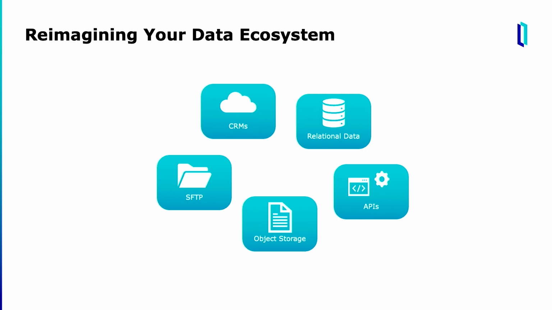So you might have CRM data in a Salesforce instance, files in an SFTP server, SQL tables in an Oracle SQL server, objects in an S3 bucket. The list can go on and on. It's really difficult to make sense of all this data when it's spread out and in a sparse format like this. It's difficult to derive meaning from it and to get that overarching picture and allow it to drive your day-to-day and your long-term business decisions.